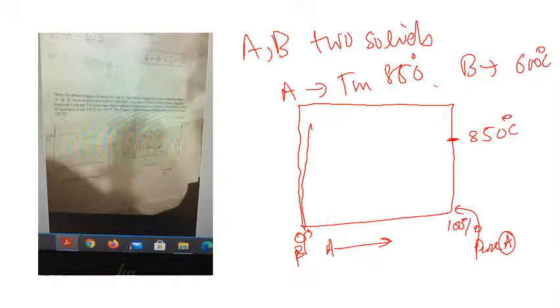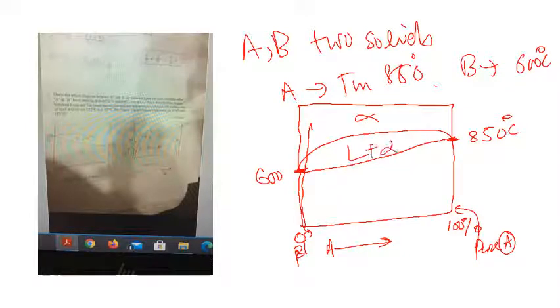For B it is 600, which will lie below, and then I will draw a diagram which meets these two points. This is alpha, this is liquid plus alpha, and this is alpha solid, which is a binary eutectic system for both the temperatures. So this was the answer to our part A. What about part B?